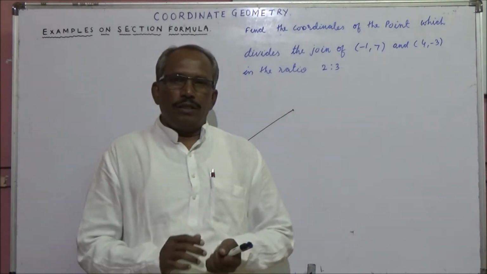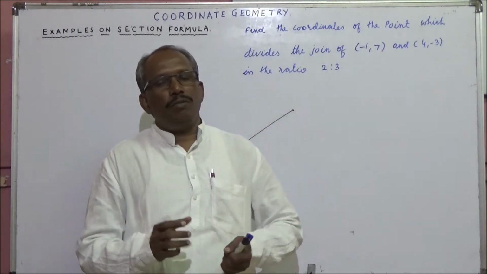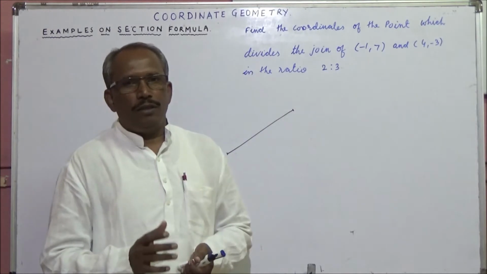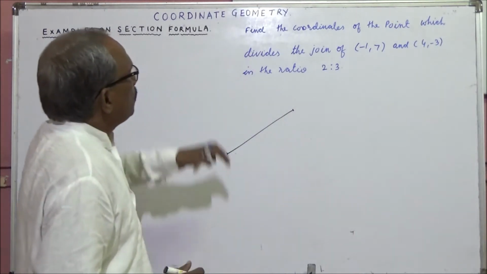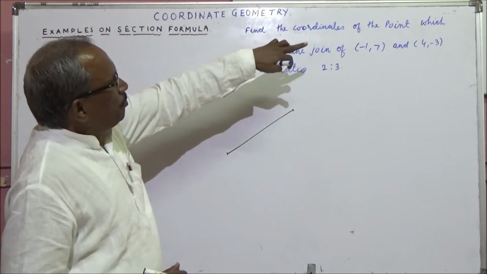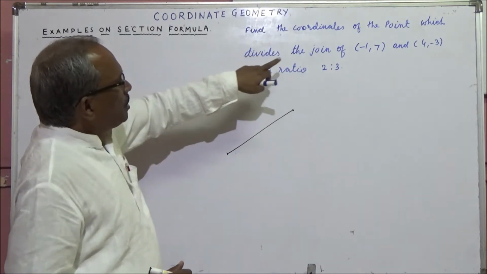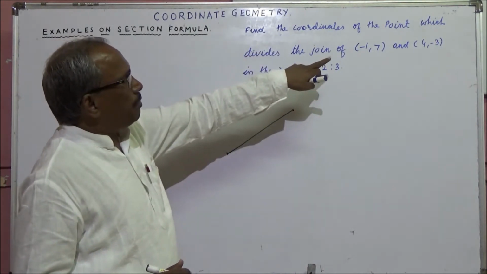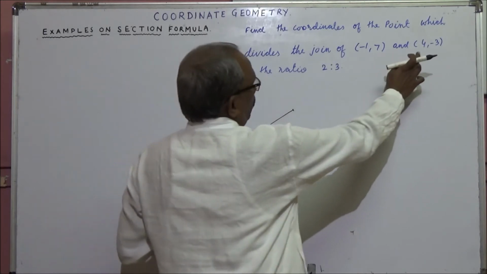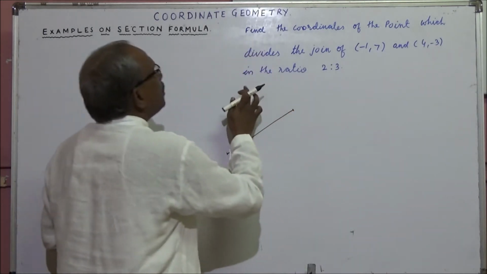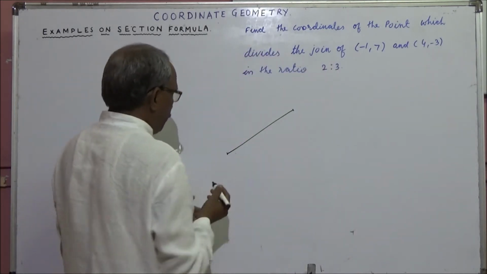Okay, dear students, let us solve an example on section formula. So let us see what is the question. Find the coordinates of the point which divides the join of (-1, 7) and (4, -3) in the ratio 2:3.